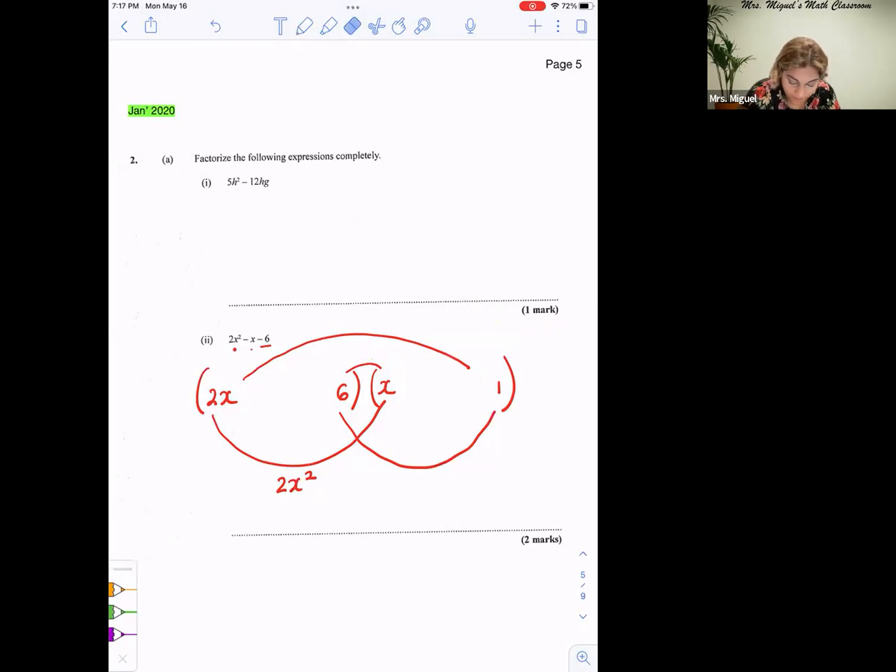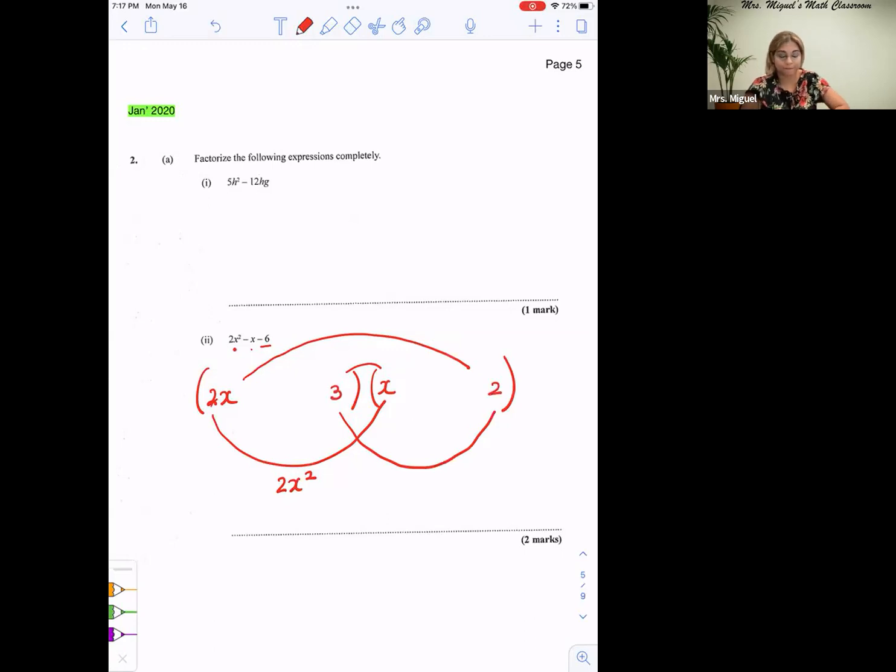So I will try 2 and 3. So if I put 2 here and 3, this will give me 2x, and this will give me 6x. I don't want that. Let me switch it now. Here is 3x, and this is 2.